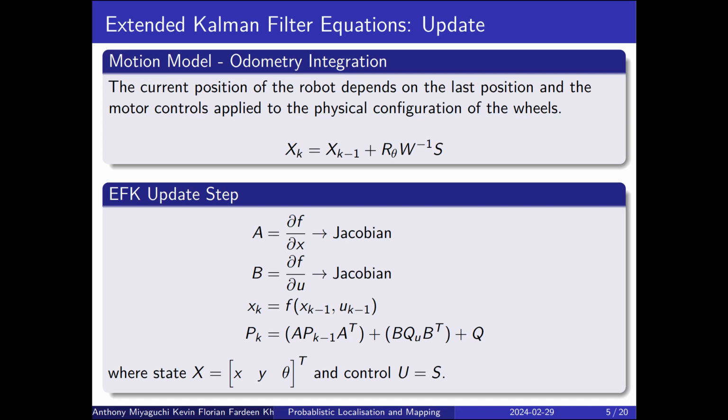In this first part, we have the motion model, which is the odometry. As everyone is familiar with, we have a bunch of equations that we use to update both the state and the correlation within the state. So we have to calculate 2 values with Jacobians.